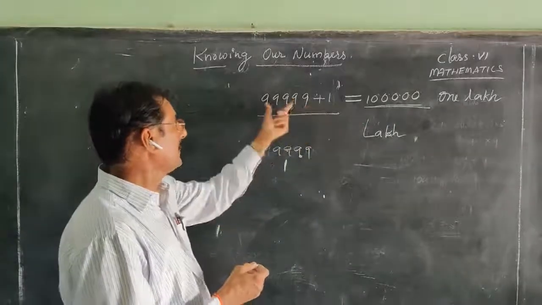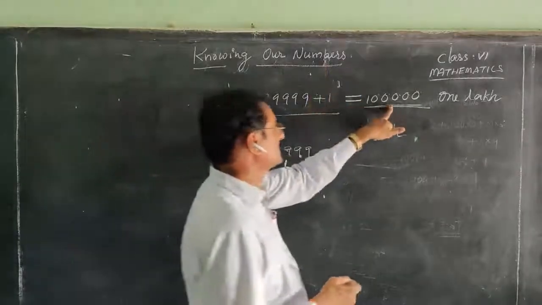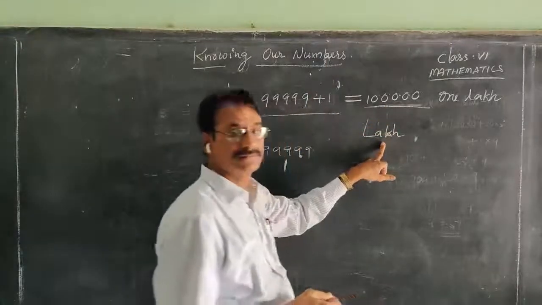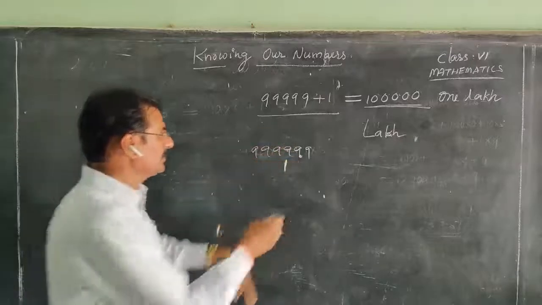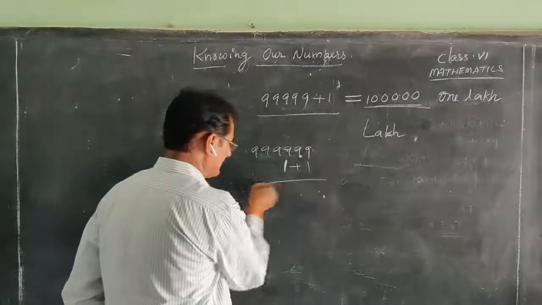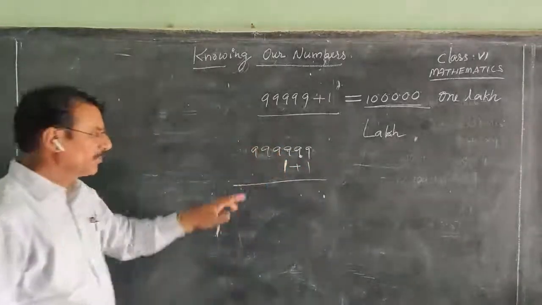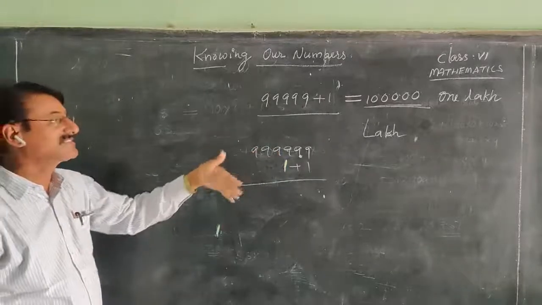If we add 1 to a 5-digit number, we get the 6-digit number that is called lakh. If we add 1 to this 6-digit number, we get a new one. It is a 7-digit number.